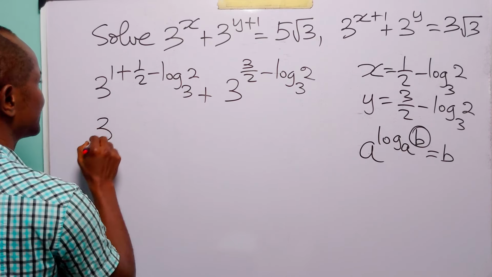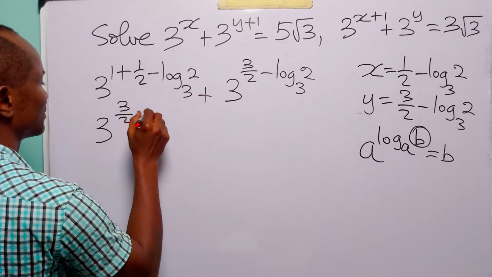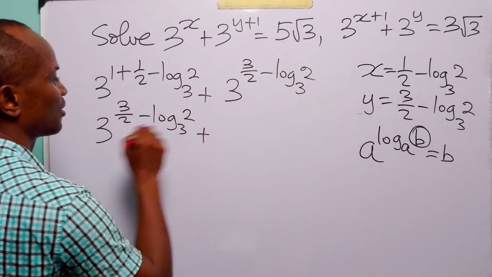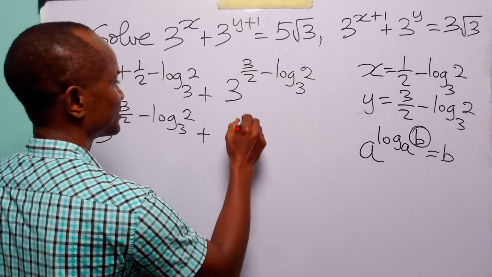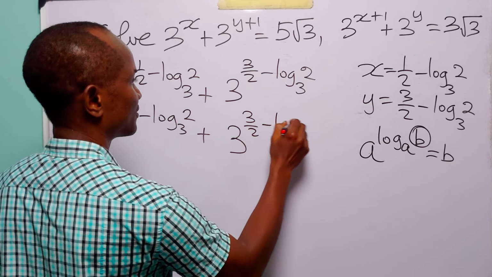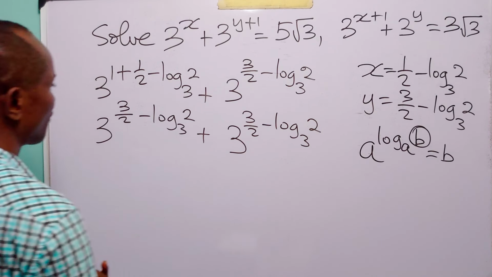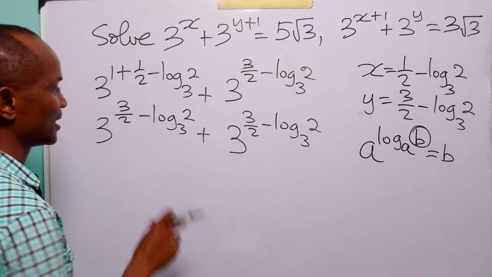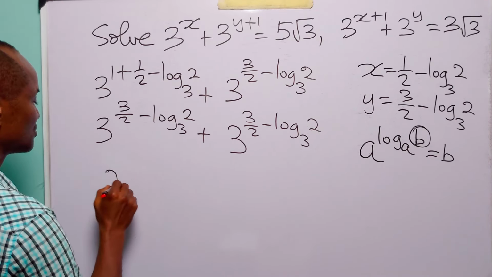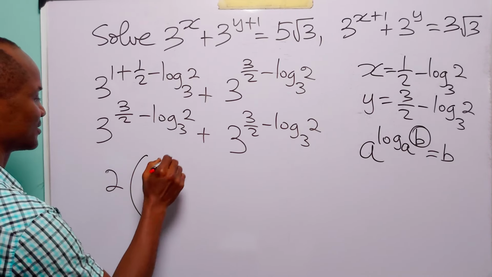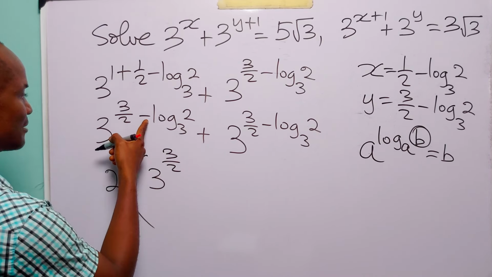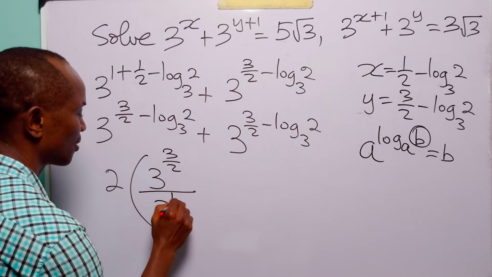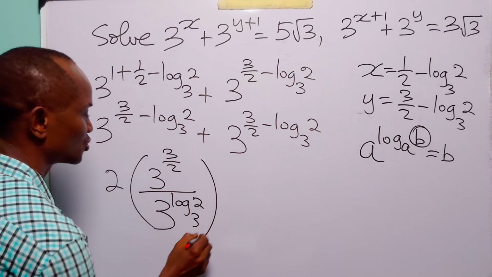So here we have 3 to the power 3 over 2 minus log to base 3 of 2 plus 3 to the power 3 over 2 minus log to base 3 of 2. Now notice that here we have exactly the same thing twice. So we can write this as 2 times 3 to the power 3 over 2. And because of this subtraction, divided by 3 to the power log to base 3 of 2.